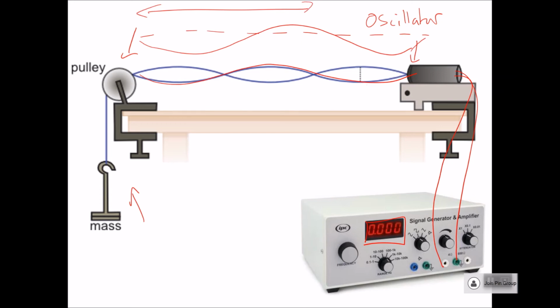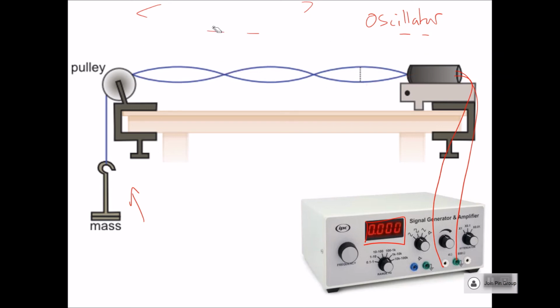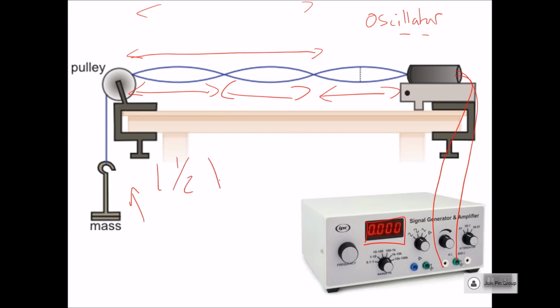So what we do is this. The distance from there to there, that is one wave. The distance from there to there is half a wave. So if you look on here, we have got 3 halves of a wave. So that is 1.5 wavelengths.